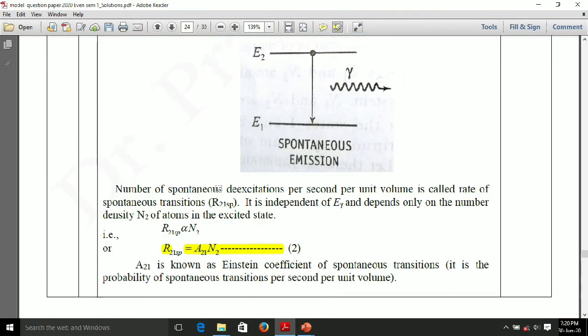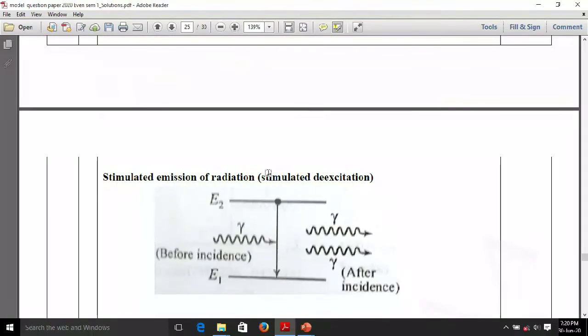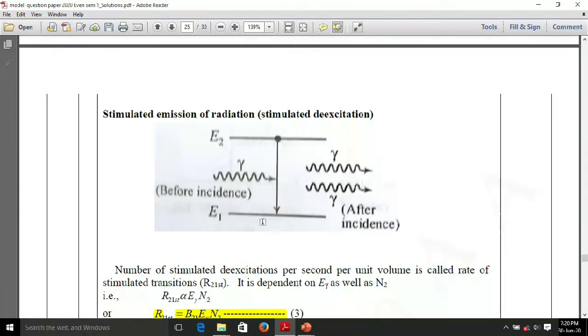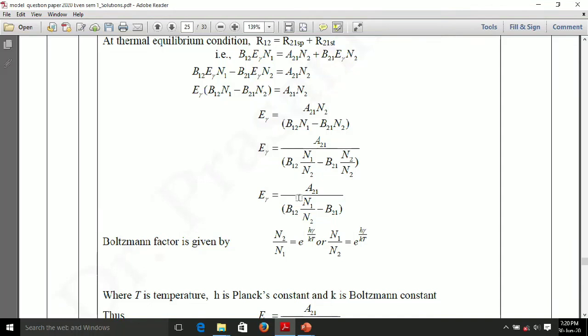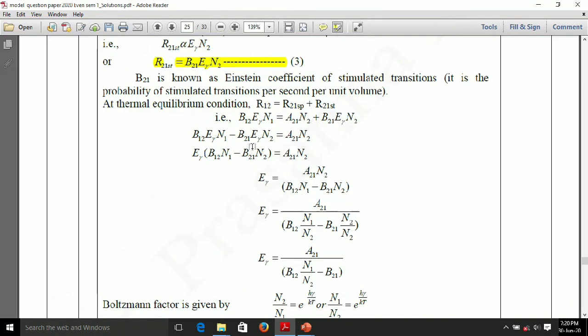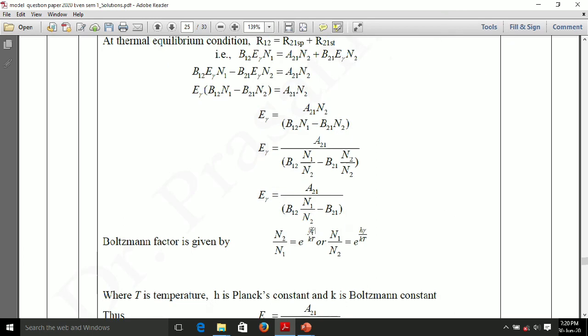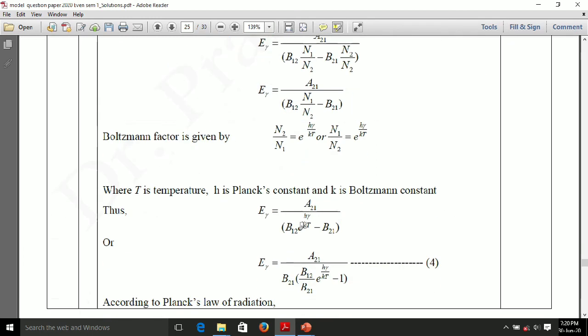You have to explain in brief about the rate of excitation, rate of stimulated de-excitation and rate of spontaneous de-excitation. Only then you have to come across the equilibrium condition, substitution and simplification of the equation.